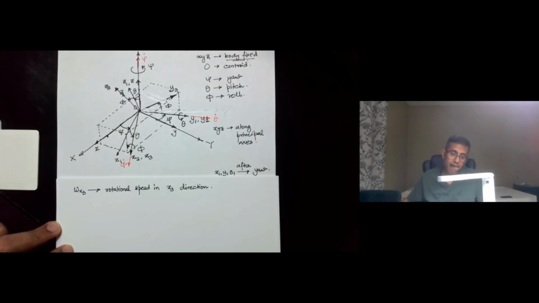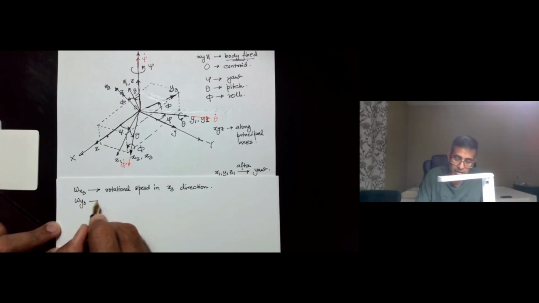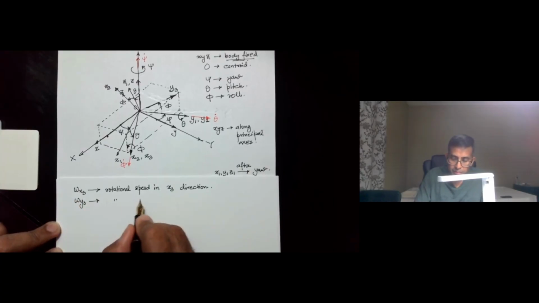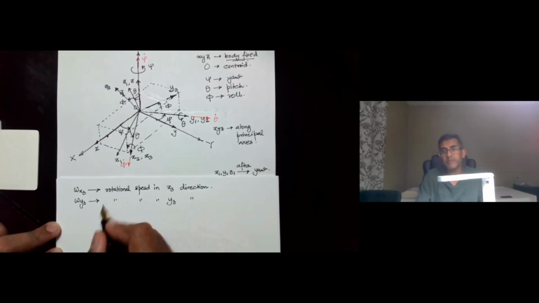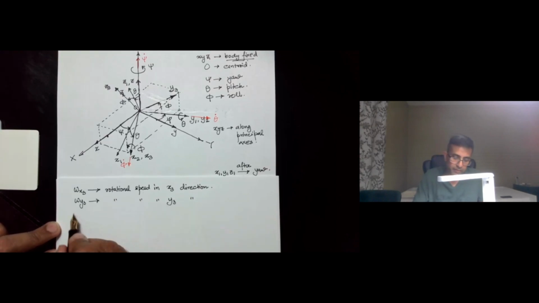Omega y3 is the rotational speed in the y3 direction. So these double quotes mean that I'm just essentially copying the same thing down. And omega z3 is the rotational speed in the z3 direction.